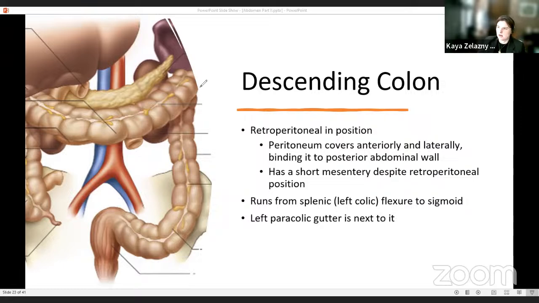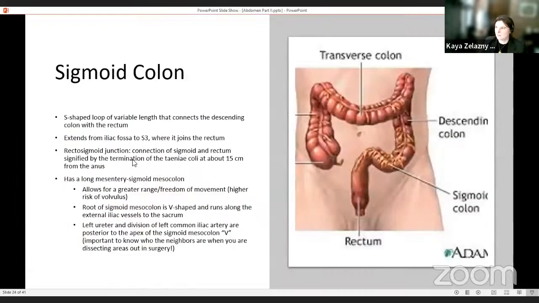We're running from our splenic or left colic flexure down to our sigmoid colon, this S shape. Okay, and we have another gutter where we can have fluid flow lying along it. So we also have a left paracolic gutter. So that's our orientation here. Okay, and we don't have many specific things that we need to know about the descending colon before we lead into our sigmoid colon.